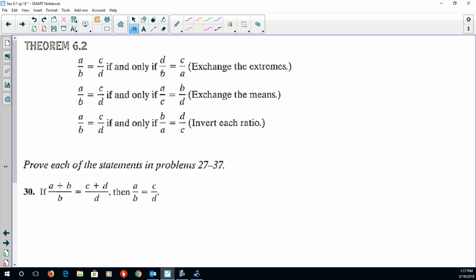Okay. Now, number 30: if (A plus B) over B equals (C plus D) over D, then A over B equals C over D. Now, I know what they want on this problem. They want me to do the means extremes product property, which I'm not going to do. I'm going to rewrite this.